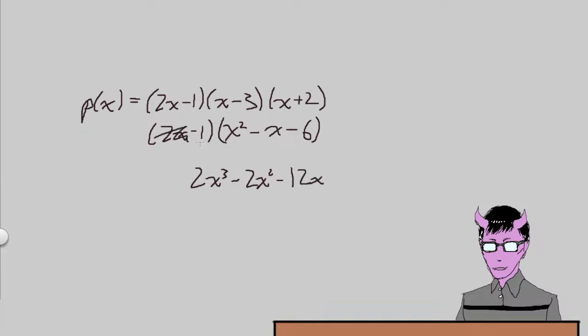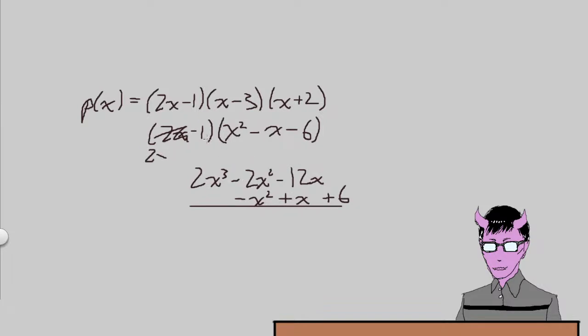Finish with that one, and then second times first. Putting it in stacked. Second times second. Make sure your signs are correct. And then second times third. So we have 6 terms, which is correct because a 2 by 3 expansion gives you 6 terms right off the bat.